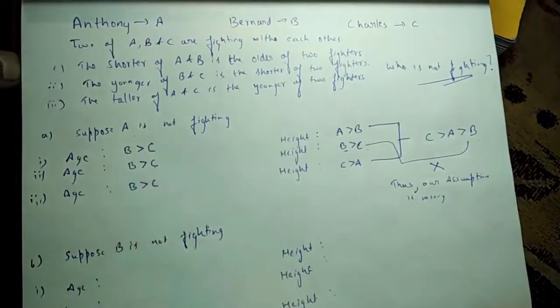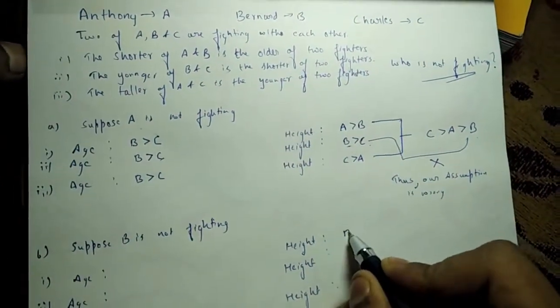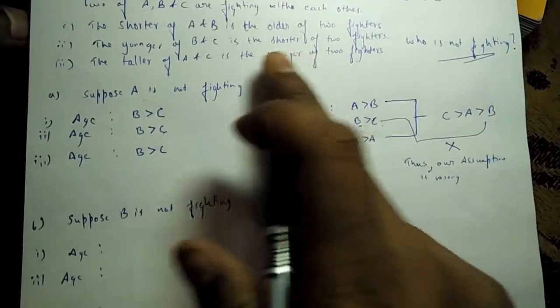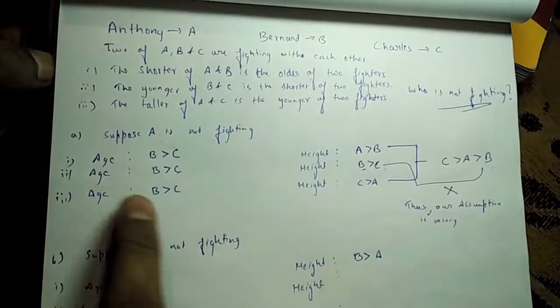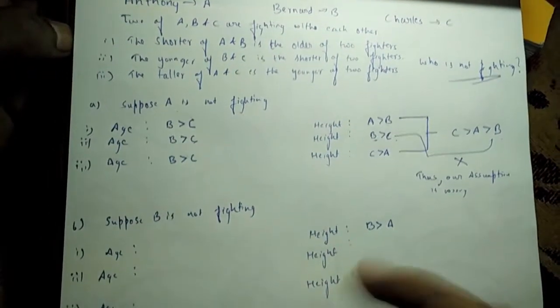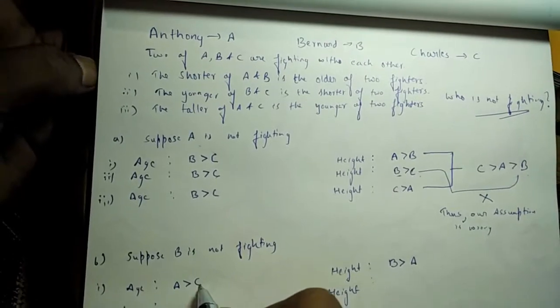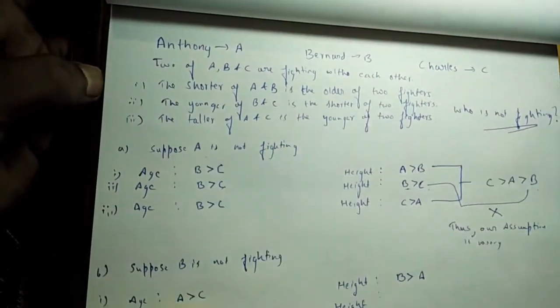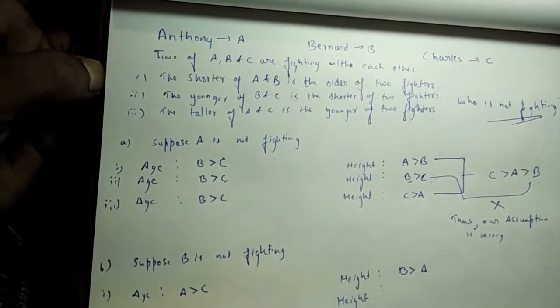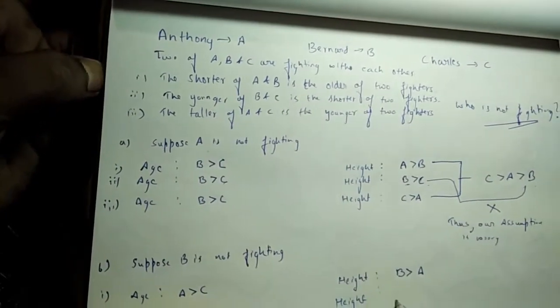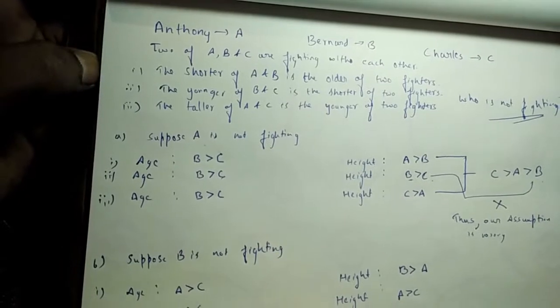If A is shorter, then we can say that B is taller than A. And similarly, A would be greater than C, and B is greater than C.